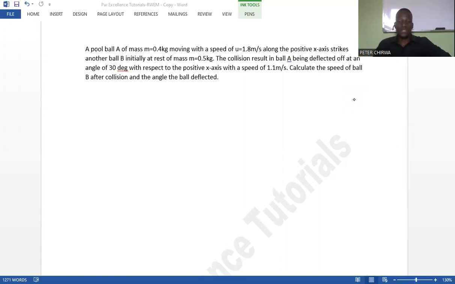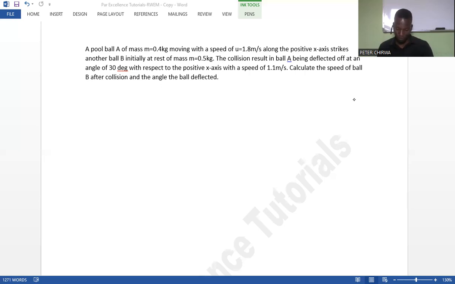Well, today in this video, we are going to solve a linear momentum and collision problem. The question says, a pool ball A of mass 0.4 kilogram moving with a speed of u equal to 1.8 meter per second along the positive x-axis strikes another ball B initially at rest of mass 0.5 kilogram.